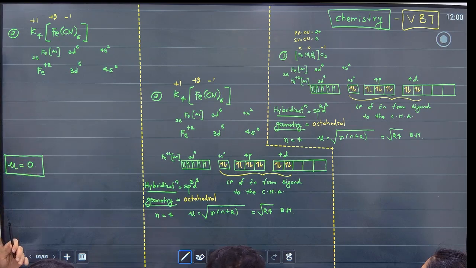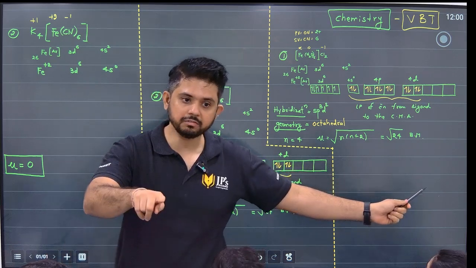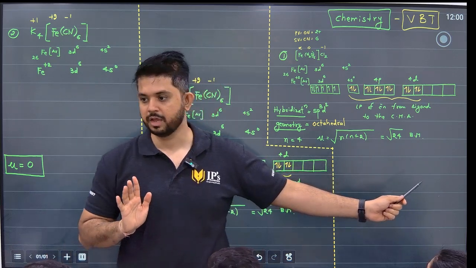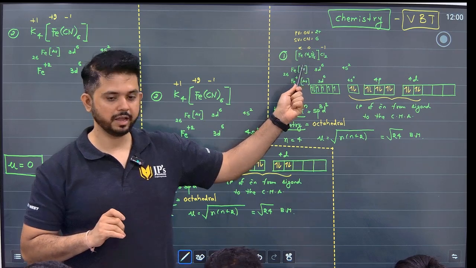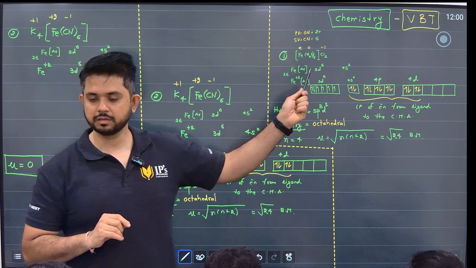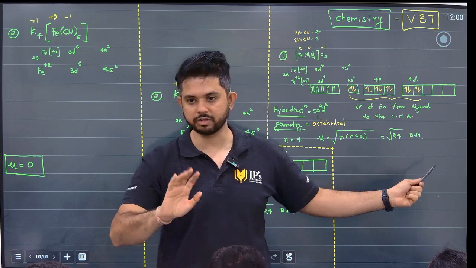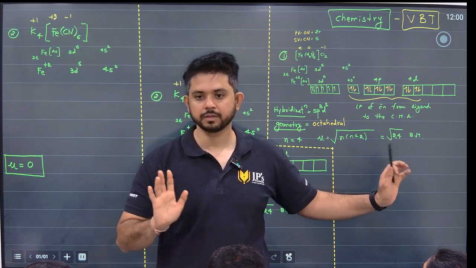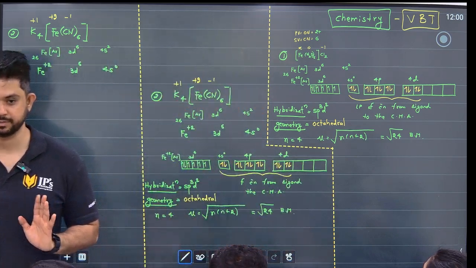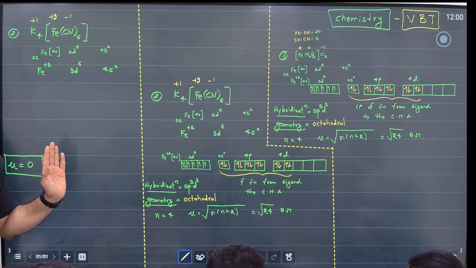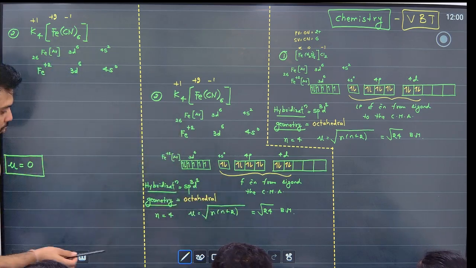Root 24. So in case of hexaaqua ion, the value, experimentally or theoretically, of magnetic moment was root 24. But in the hexacyanoferrate case, the theoretical value came root 24.